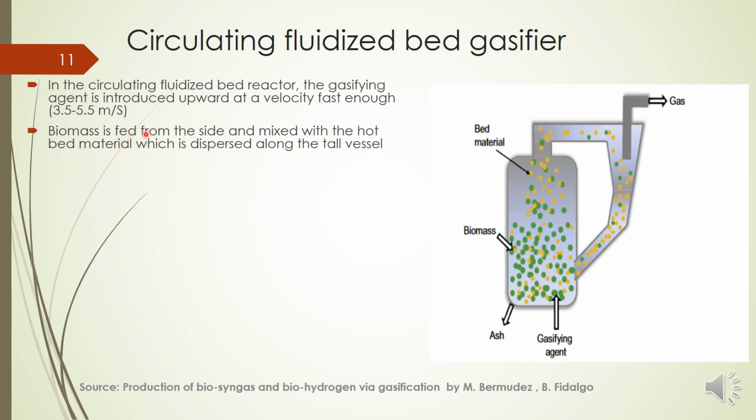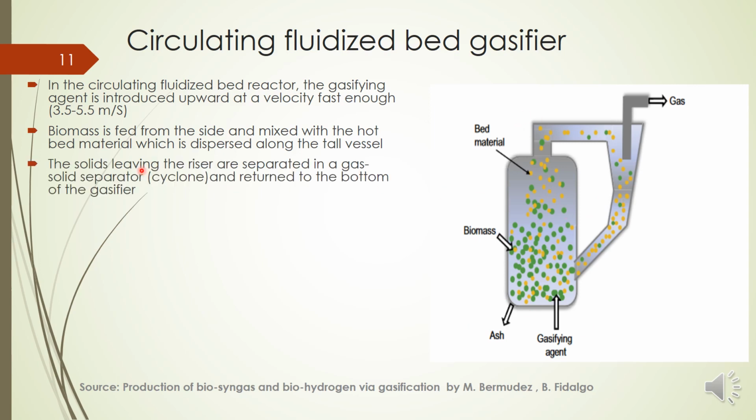And here the biomass is fed from the side, mixed with hot bed material and dispersed along the vessel, and solids leaving this riser will be separated with the help of the cyclone separator and returned to the bottom. That is why it is known as circulating. So again we are circulating the bed material that escaped with the gas.